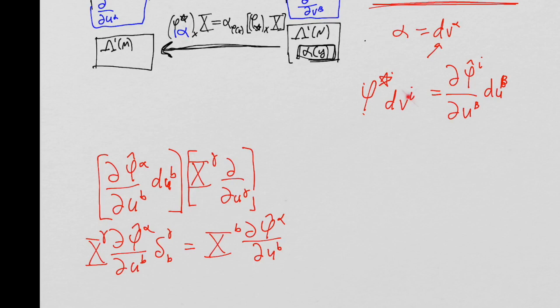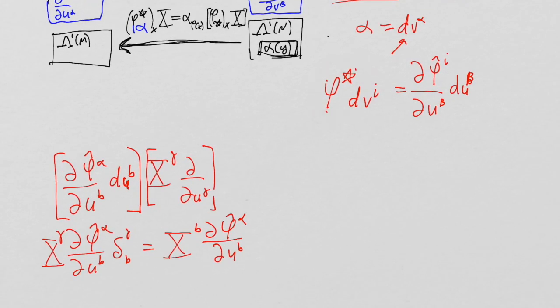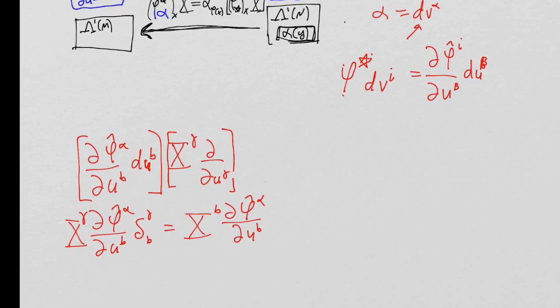If we set alpha to be dvi, then we use this formula to calculate the thing in parentheses here. So this formula ends up this way, and I have alpha here. So if I'm going to use this formula literally, then I should change my little alpha there to an I, because that's what tags which of these basis vectors I'm actually doing.